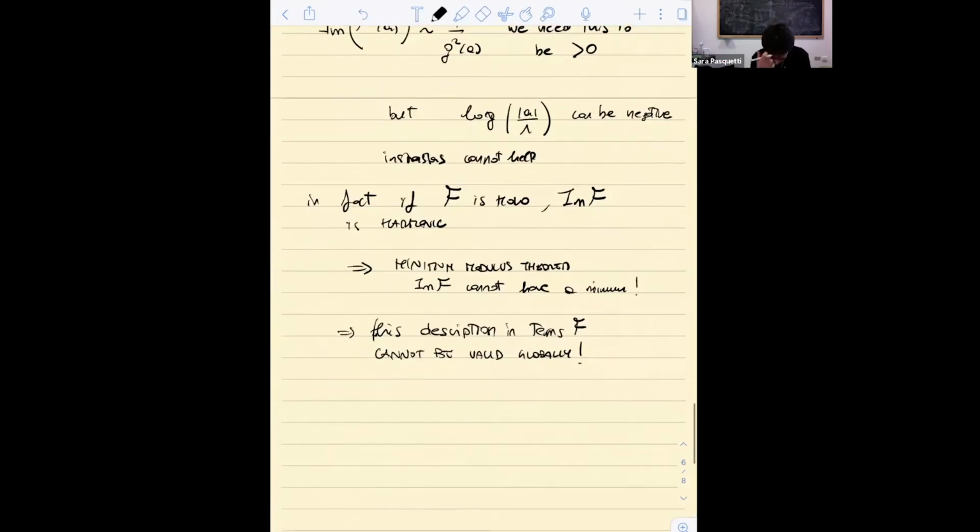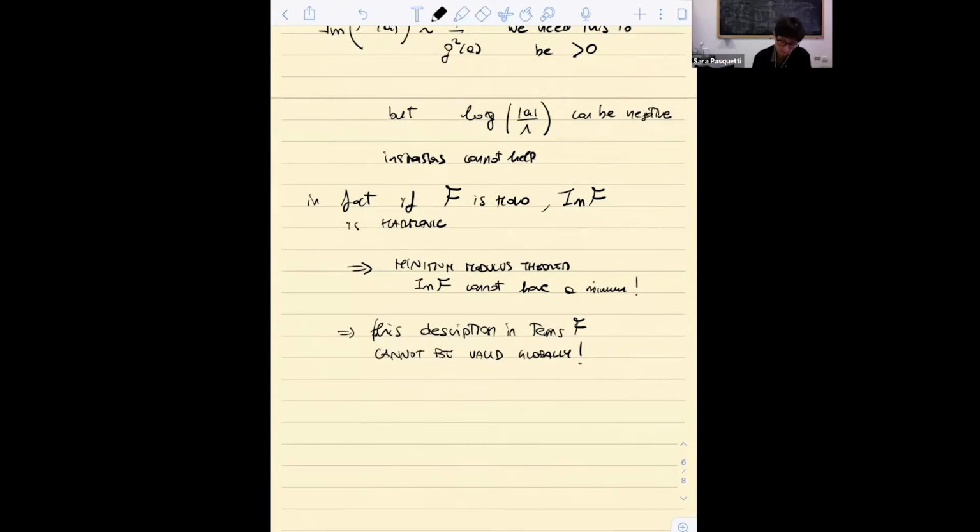So it means that we will have to use different descriptions in different regions of the moduli space, because if you try to extend your description everywhere in the moduli space with some holomorphic function f, then you will not be able to construct a gauge coupling which is positive.